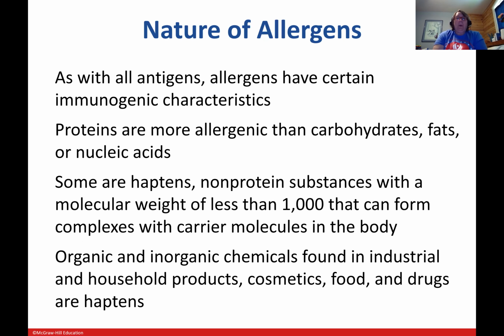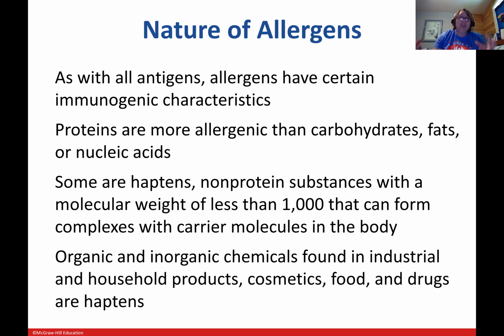Okay, so the nature of allergens: like every other antigen, they have certain kinds of characteristics. Proteins are stronger antigens and therefore stronger allergens than carbohydrates or fats or nucleic acids. We talked about haptens, those really small antigens that alone may not be able to elicit an immune response.